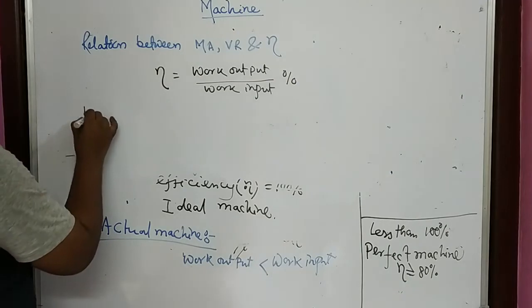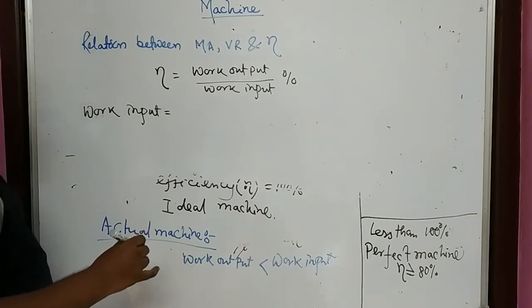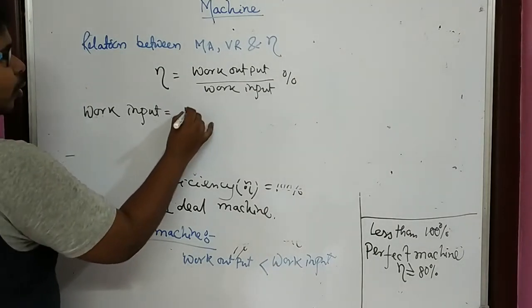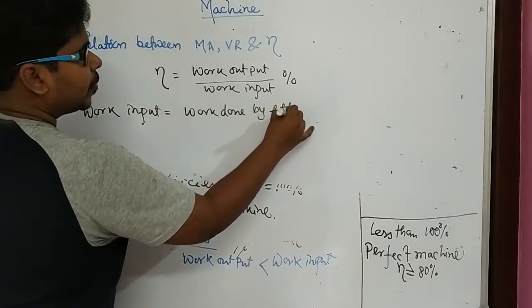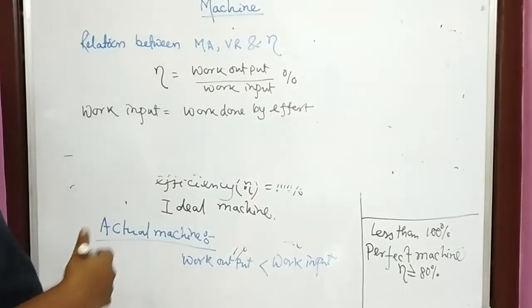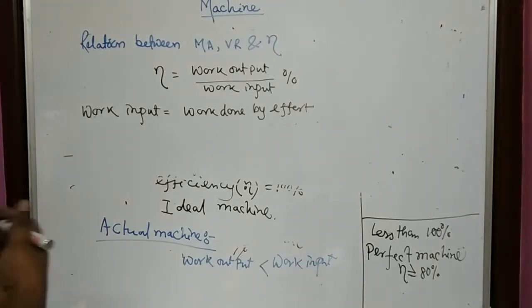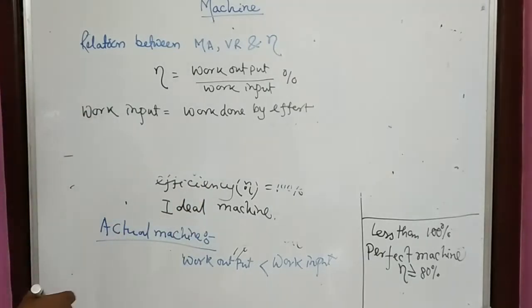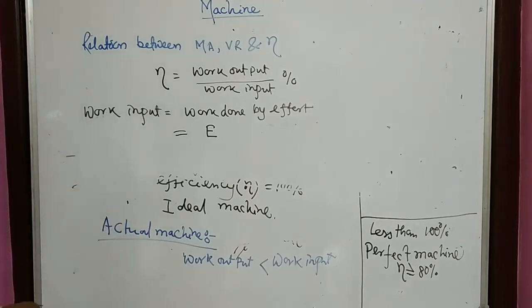What is work input? I have already told earlier, work input is equal to work done by effort. So how can we find work done by effort? Effort is the force we have applied on a machine. That is E, and due to that effort, it is displaced by dE.